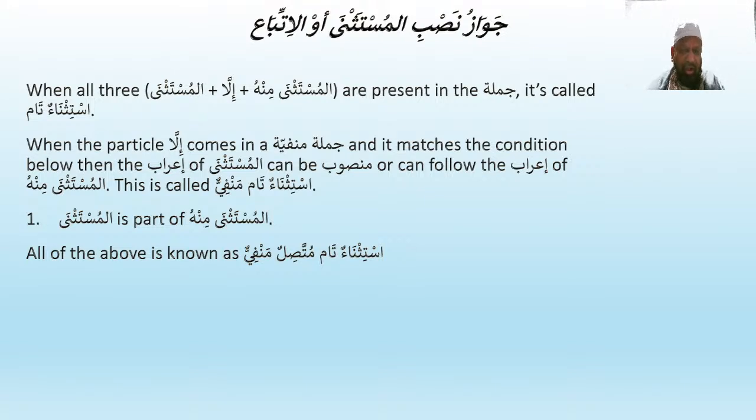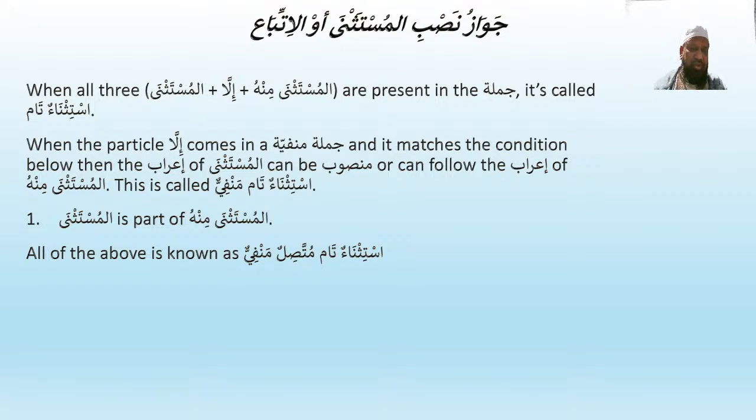The rule is when illa comes in a jumla manfiya, number one condition, the jumla must be manfiya, and it has to match one condition, which is al-mustasna is part of mustasna minhu, and this is called muttasil. If al-mustasna is part of mustasna minhu, it is called muttasil.